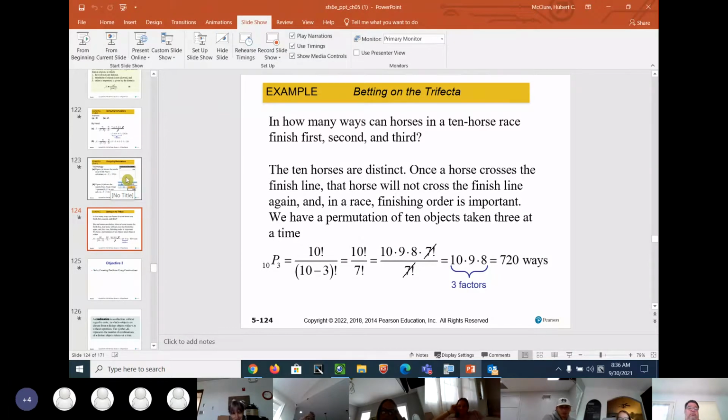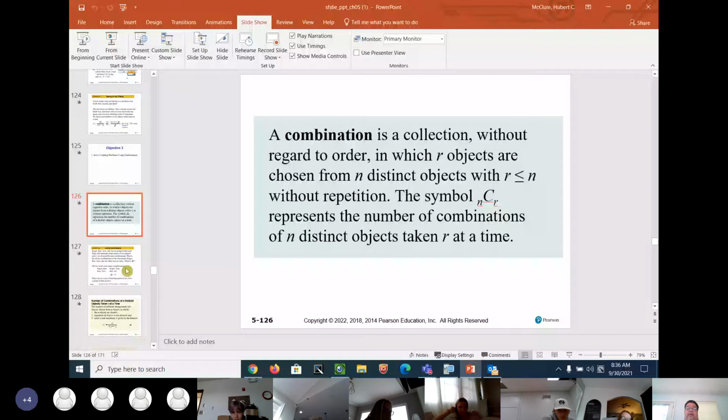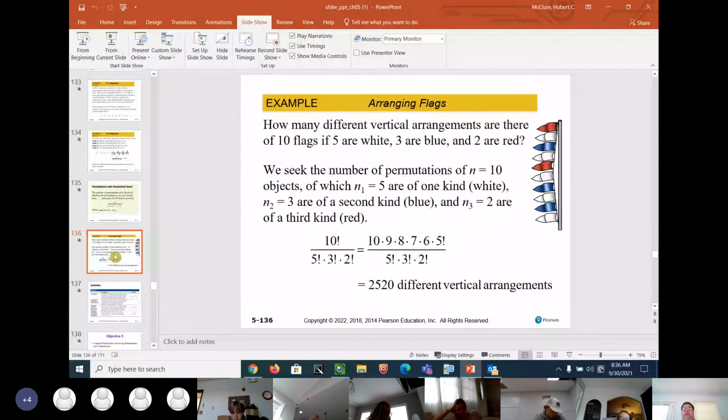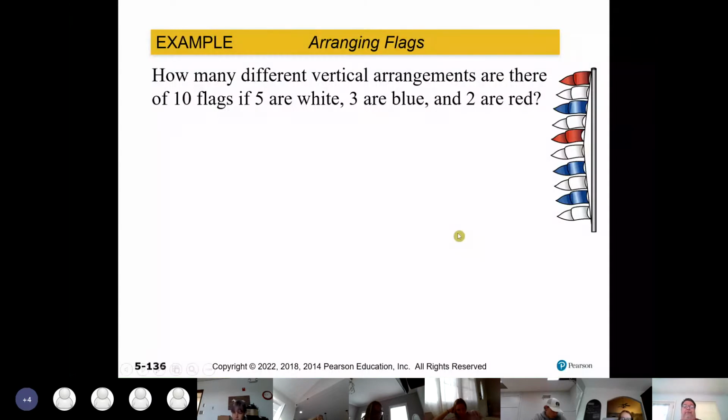All right, where is the flag question? Hold on, I'm trying to find the flag question. There it is. Write it down. This is going to be on a standardized test. How many different vertical arrangements are there of 10 flags if 5 are white, 3 are blue, and 2 are red?